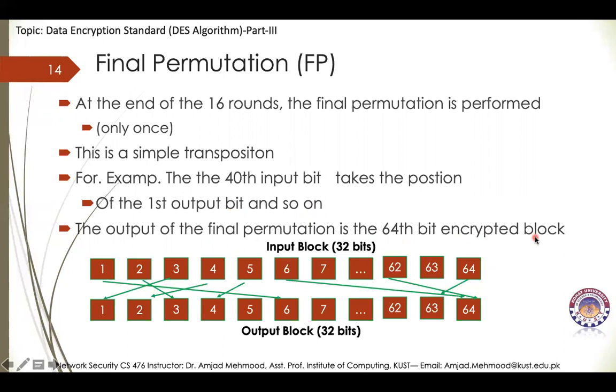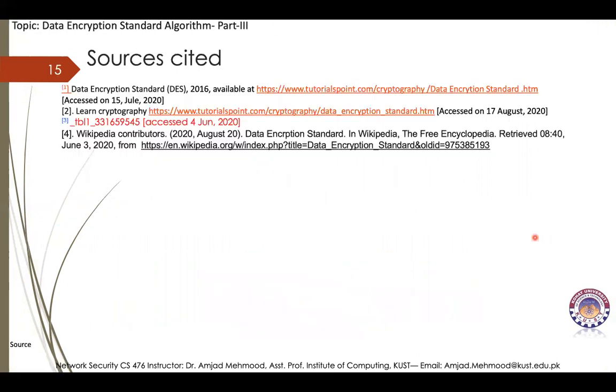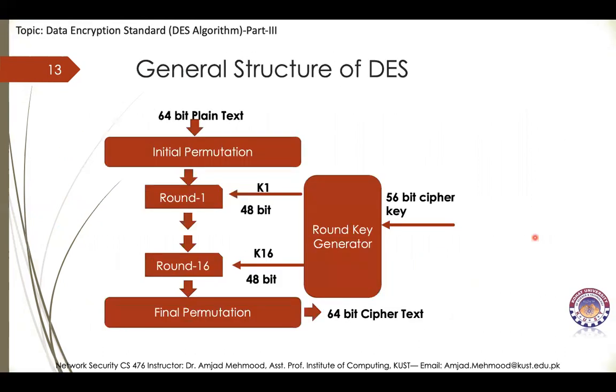So once the final permutation is performed, you will get the 64-bit ciphertext. Once again I want to explain this with the help of the general structure. Initially you pass the 64-bit plain text to the initial permutation.